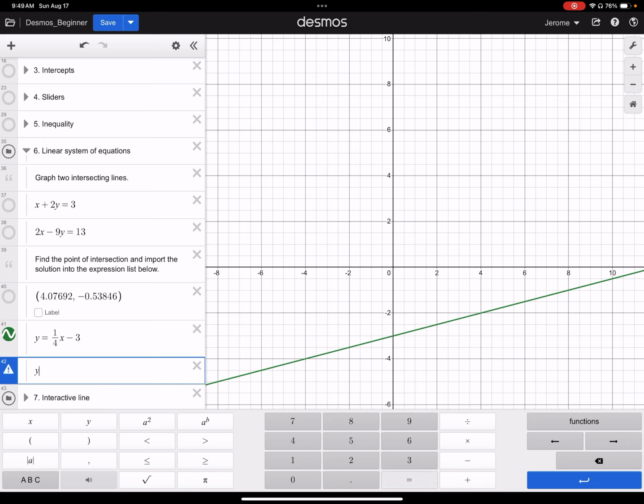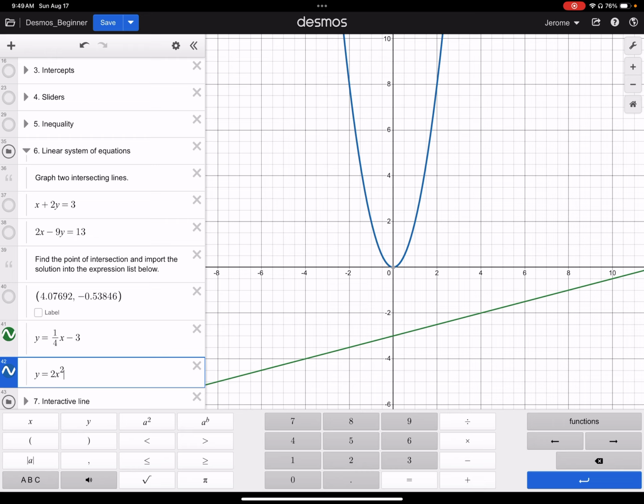So y is equal to 2x squared. And now I need to get this thing to actually intersect the line. So actually, I'll go down here. Let's make it even crazier: maybe a minus 3x and maybe plus 1. Yeah, that's good. All right.